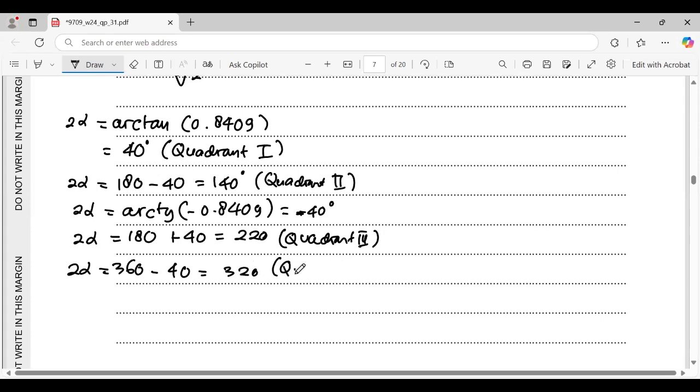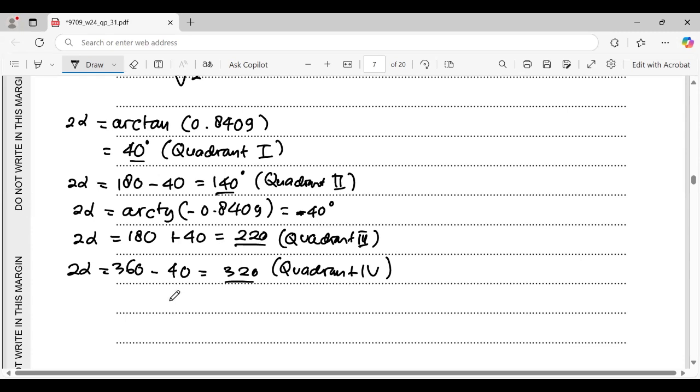This is on quadrant 4. So 2 alpha equals 40, 140, 220, 320.